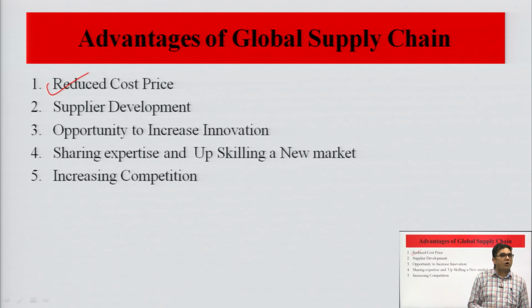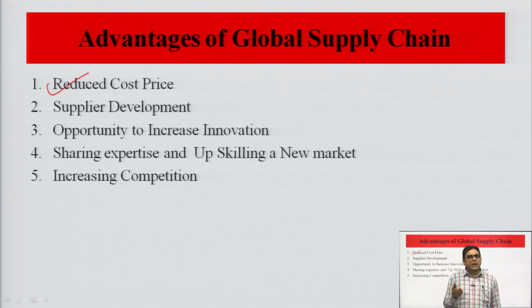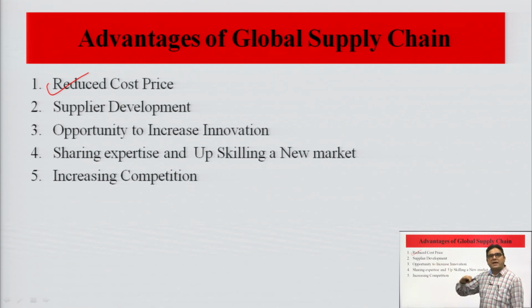See, in the case of Canada, the United States of America and Mexico, the cost of manufacturing in Mexico is much lower as compared to the USA. Various companies are manufacturing in Mexico, and these manufactured items are supplied back to the USA. So, this is how cost has been reduced by establishing the global supply chain.